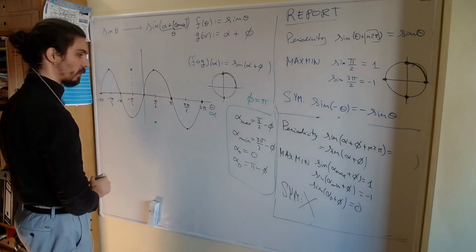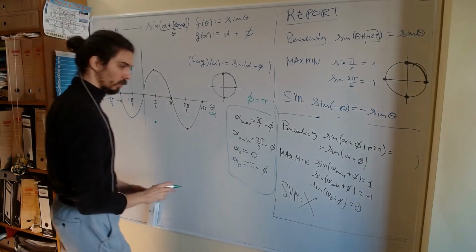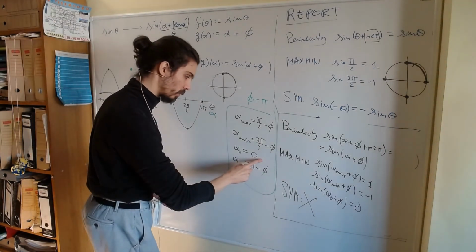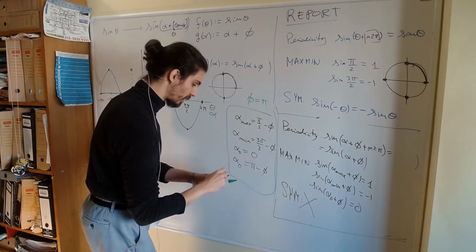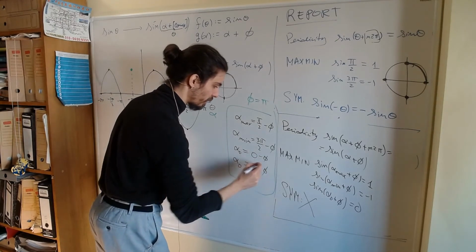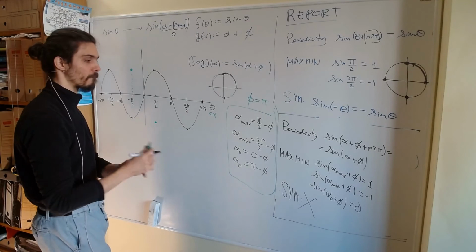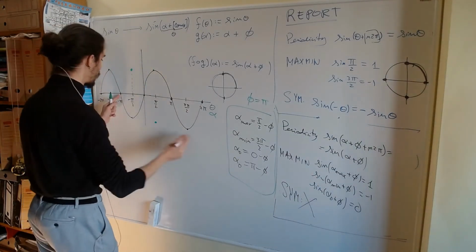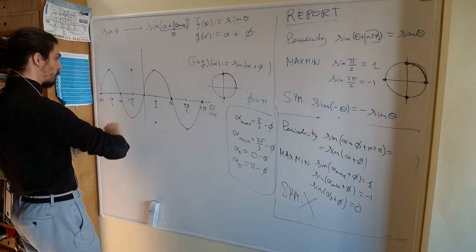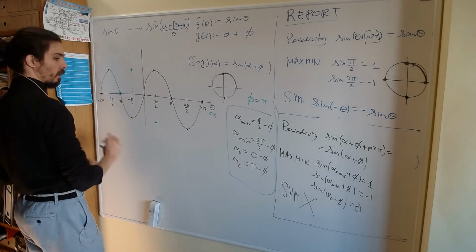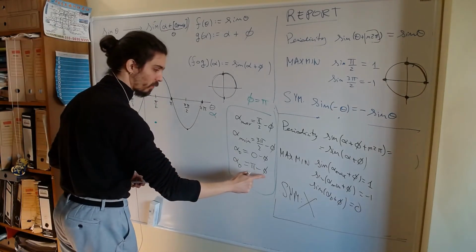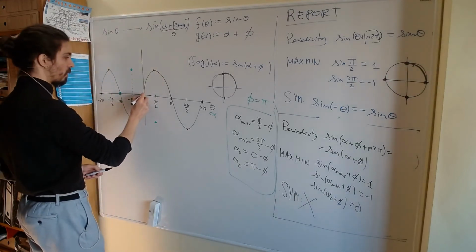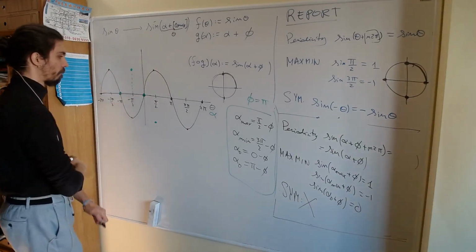The zeros. No, this is minus phi, I'm sorry. Of course, yes, it has to be minus phi. So at minus phi, that is at minus pi, you get a 0. Let's put in green. And at pi minus phi, that is at 0, you have 0 again.